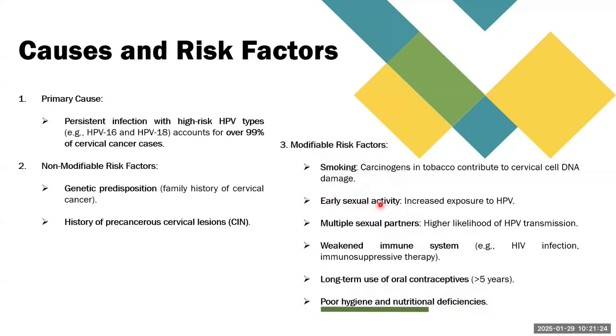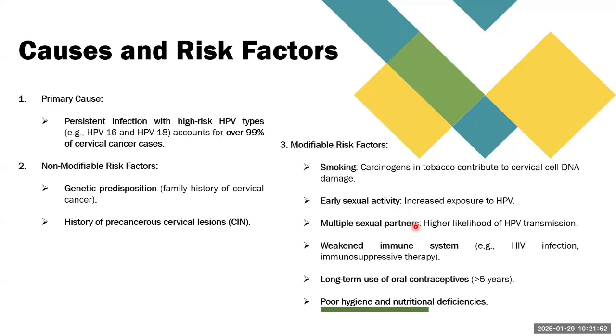Early sexual activity leads to more exposure to HPV as compared to delayed onset, because in early teenage years, young people do not have the capacity to understand these things, or do not have much information about these diseases or risk factors.